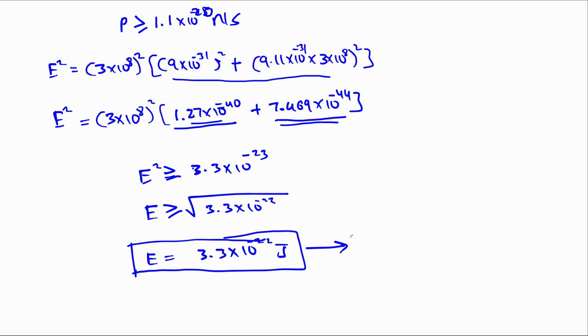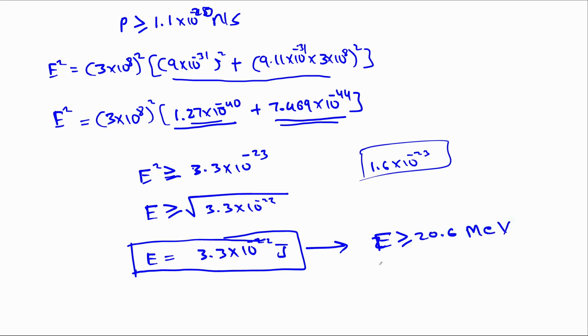What is the charge of the electron? 1.6 into 10 to the power minus 19 or so. If we divide by this, we get E greater than or equal to 20.6 mega electron volt, or E greater than or equal to 20.6 into 10 to the power 6 electron volt.